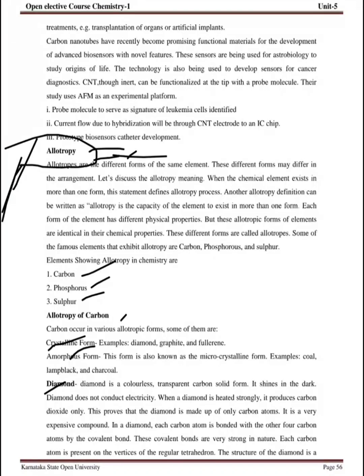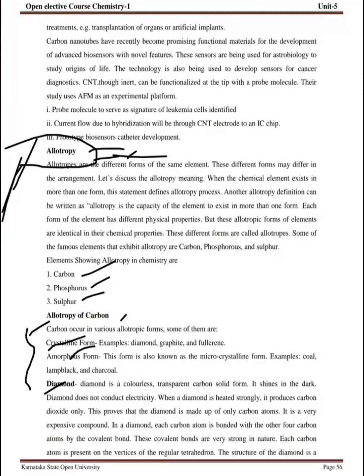These have the same chemical properties, but the physical properties are different, compared to diamond and charcoal. So this is the difference in allotropy.